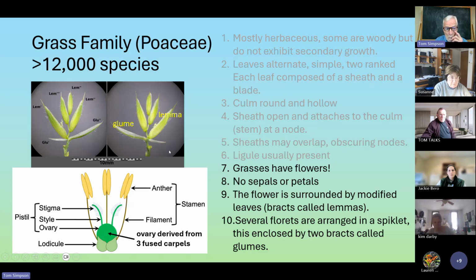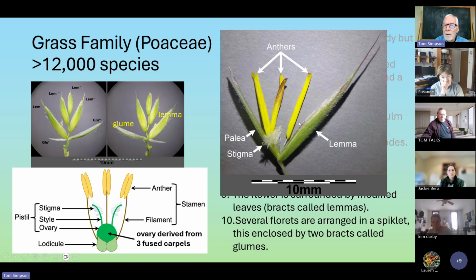And this, let's see, I've got another one here. This is a grass flower that doesn't have sepals and petals, but it does have lemmas and paleas, or sometimes the palea is called a lemma. These are two specialized tiny little bracts. We don't use the word bract in this case, but they are little modified leaves that occur in association with this grass flower.